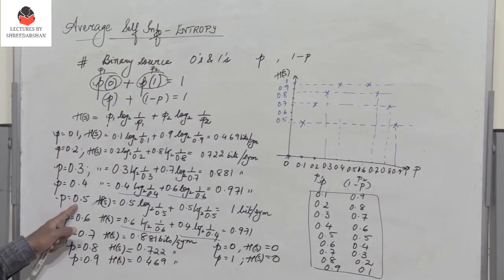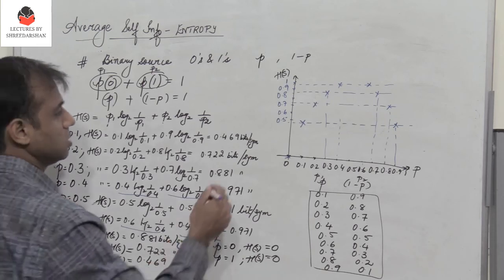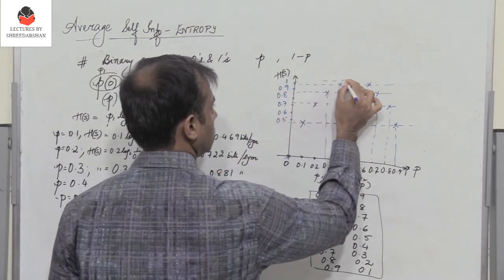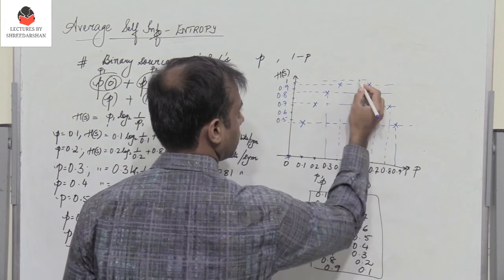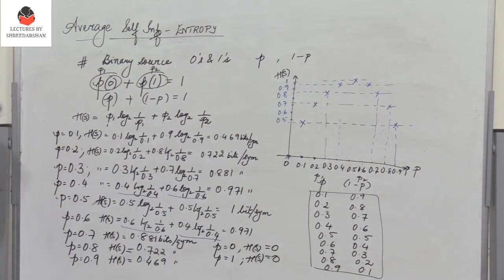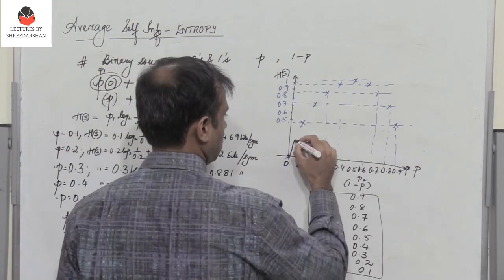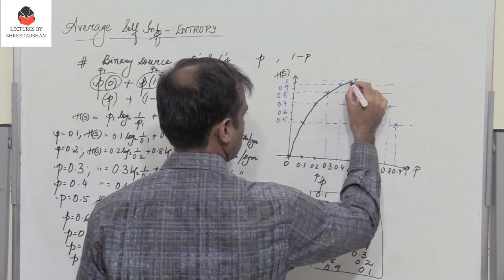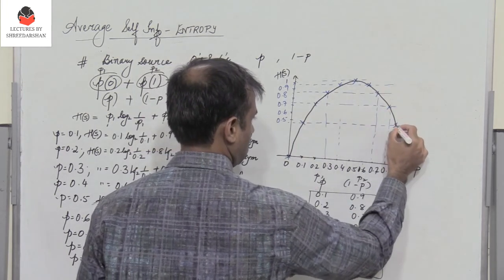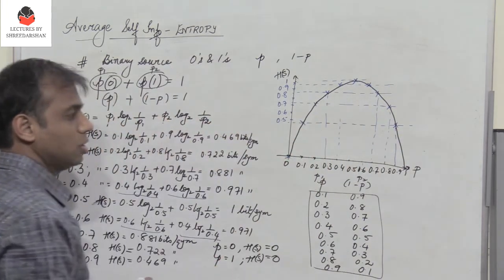And then for P equal to 0.5 I get 1, exactly equal to 1. So now let me join all these points. What do you observe?